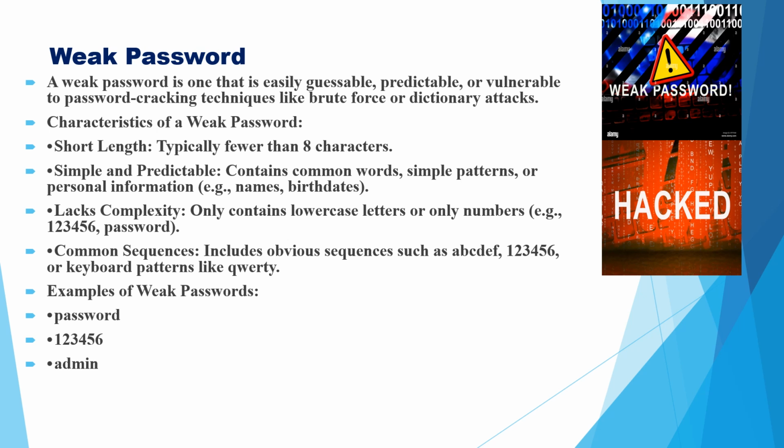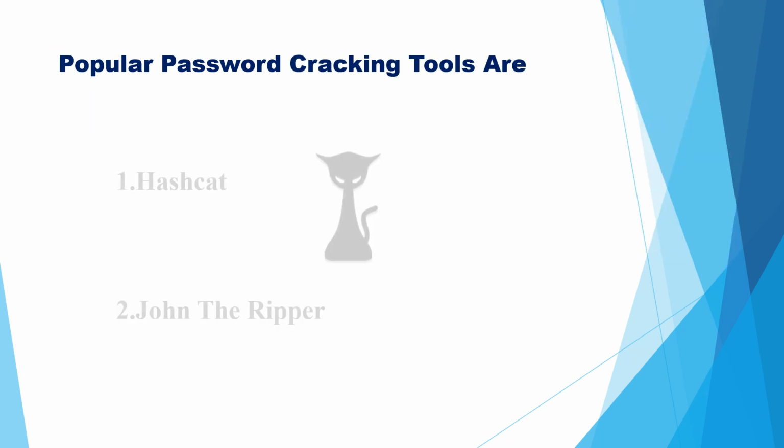Then it contains common sequences like A, B, C, D, E, F, then 1, 2, 3, 4, 5, 6, and common patterns on the keyboard. It lacks complexity, meaning it contains only lowercase letters or only numbers. Following is an example: 123456 is a weak password which can be easily cracked or hacked by the attacker.